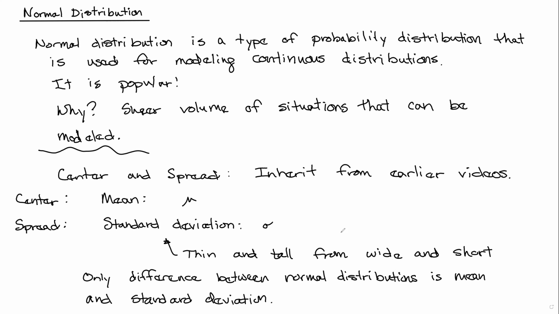Because of that, we're going to create a symbol here. We'll use capital N to represent a normal distribution, and then we'll have mu and sigma. We'll be able to just write this notation, and that will represent a normal distribution. The first is the mean, and the second is the standard deviation.